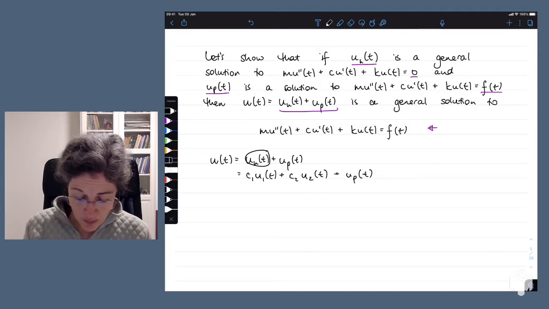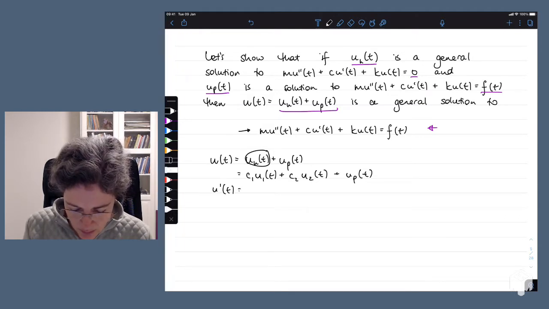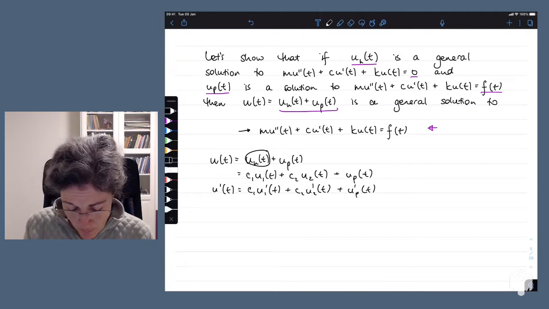And now let's just differentiate it, because when we plug it into the differential equation we'll need first and second derivatives. So here comes the first derivative. Okay, so this is a pretty straightforward proof. Let's take a second derivative.